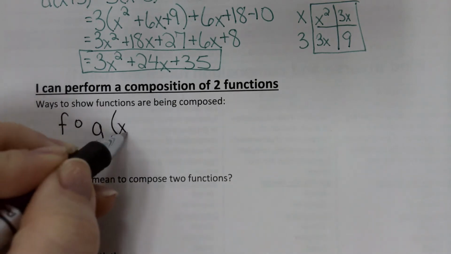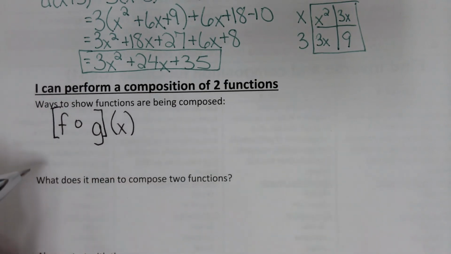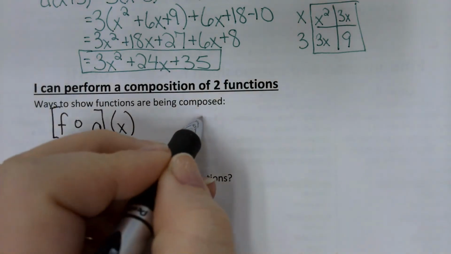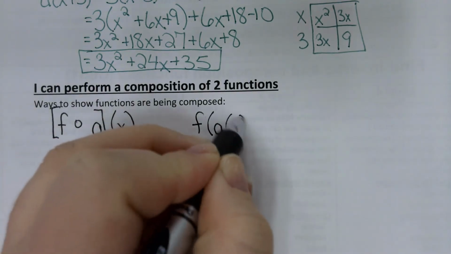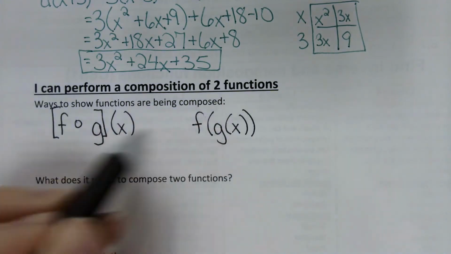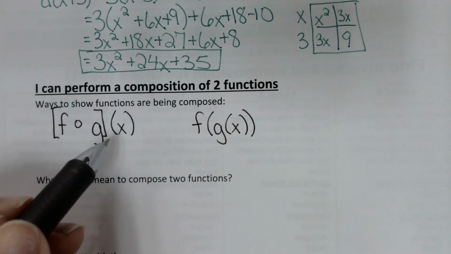And then the X would go outside, and oftentimes you'll see brackets around the two names. The other way is with parentheses, and this is often the way that most students are more comfortable. And so we can use these interchangeably just to make it look a little bit better in our minds.